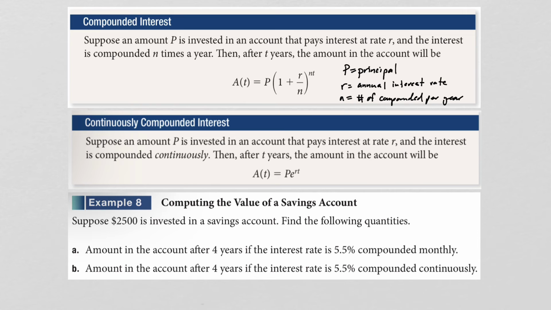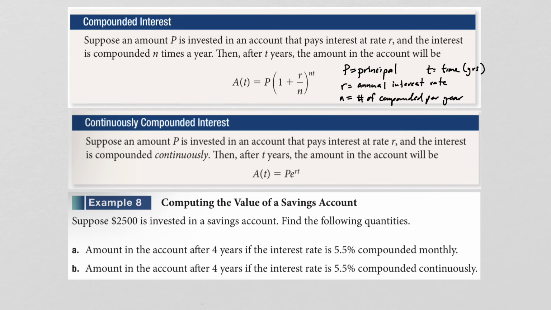So some banks will compound interest every month. Some banks will compound it every 3 months. Some will do it every day, etc. And T is the total amount of time that you leave the money in the bank, and this time is in years. And this formula will tell you how much money will be in that bank account after a certain number of years have gone by.